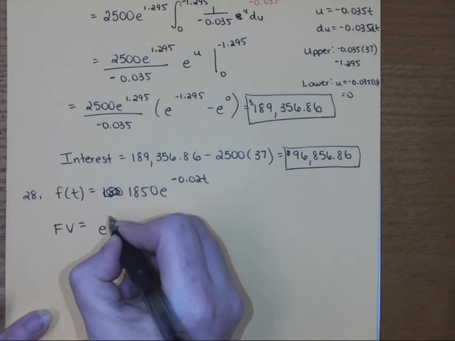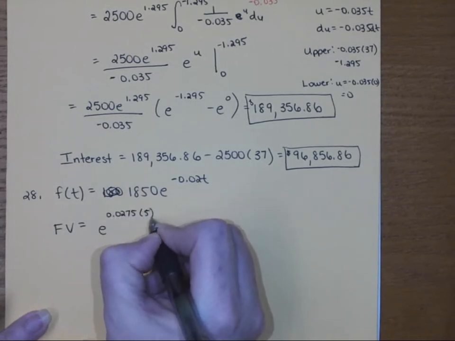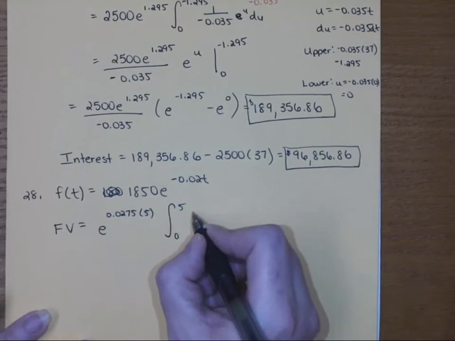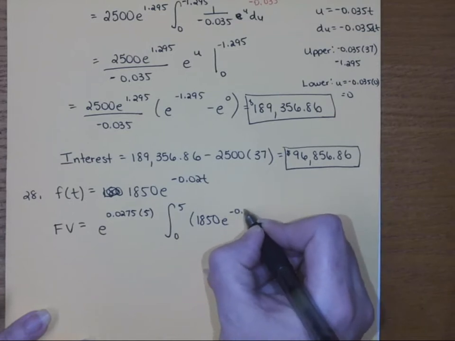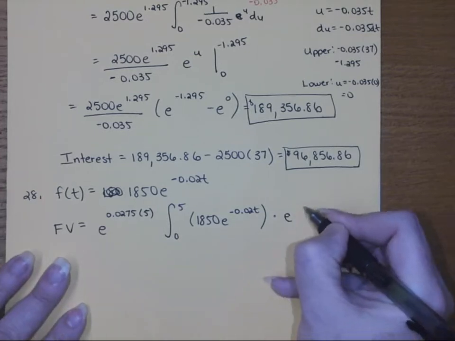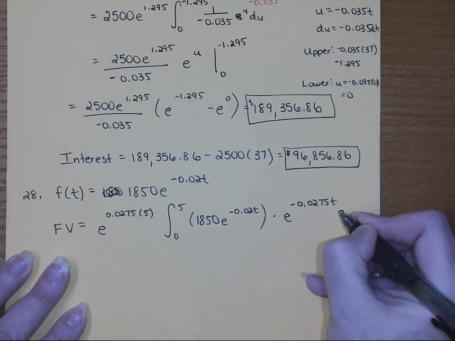So it's going to be e to the rate times time period power, and then the integral from 0 to 5. And this is where you're going to put in the income stream. Okay, notice it is not actually a dollar amount this time. Okay, and then times e to the negative 0.0275 t power dt.